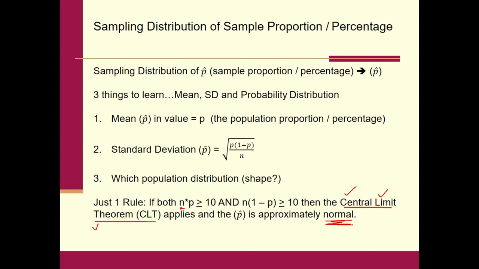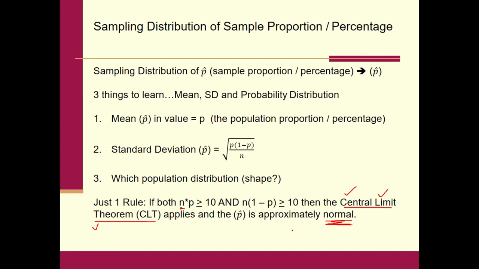Now, I want to point this out to you right away. The central limit theorem doesn't apply just to the sampling distribution of p-hat. What we're going to find out is that it applies to other things too, down the line. And there are different criteria for it depending on the statistic. Here, we have to make sure that n times p is greater than or equal to 10 and n times 1 minus p is greater than or equal to 10.